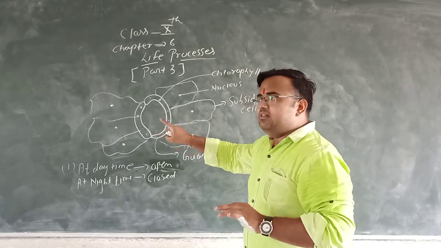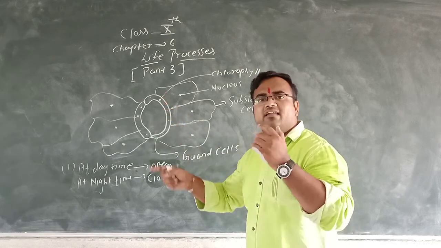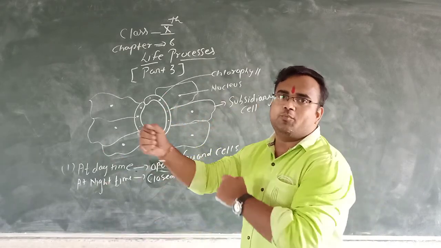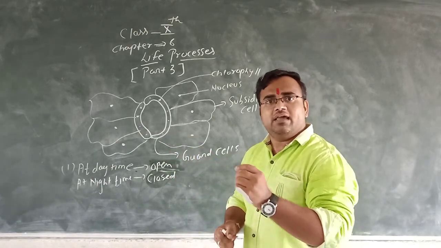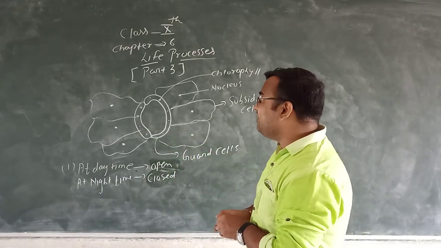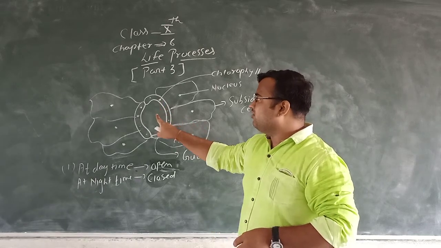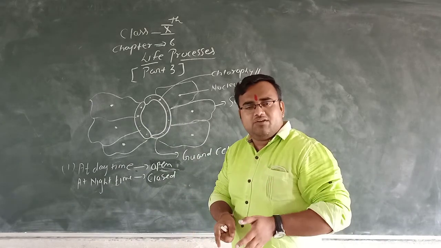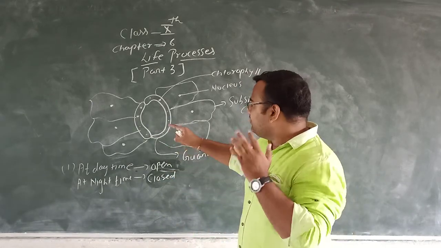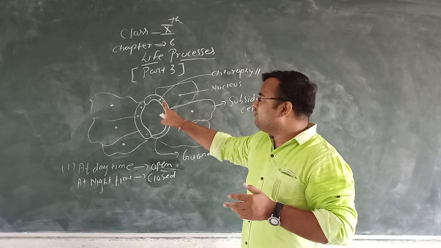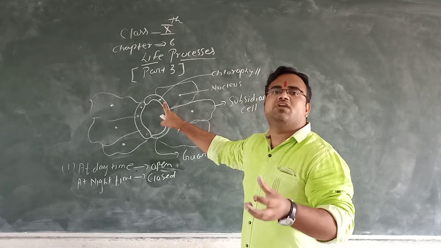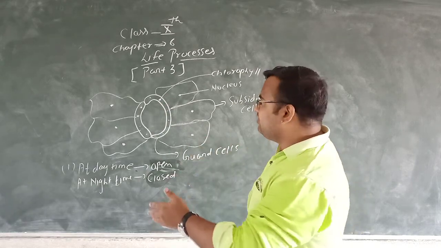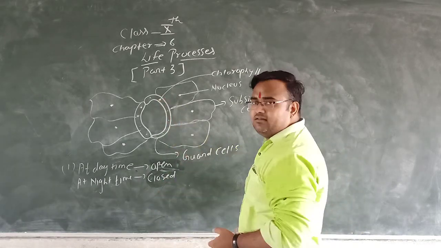Now, at daytime, the water from the stomata is released in the form of vapors. When the water from the guard cells is released, we can think that the concentration of water in the guard cell decreases.